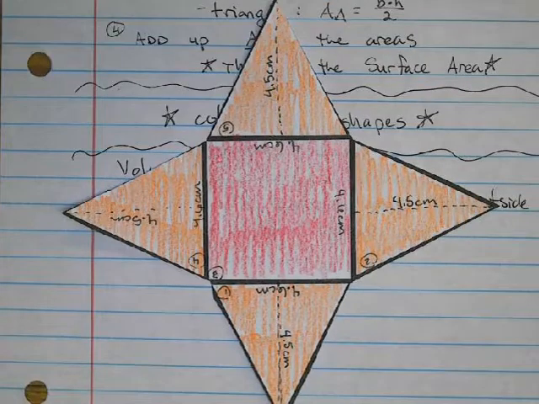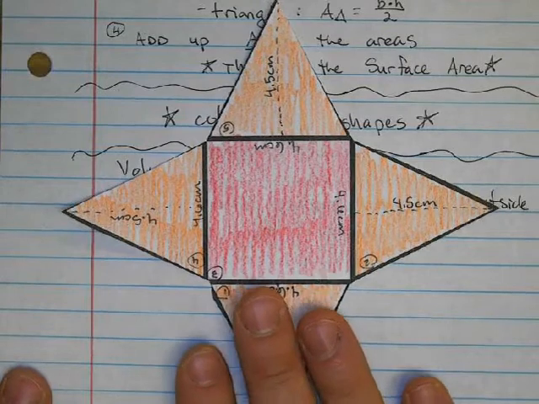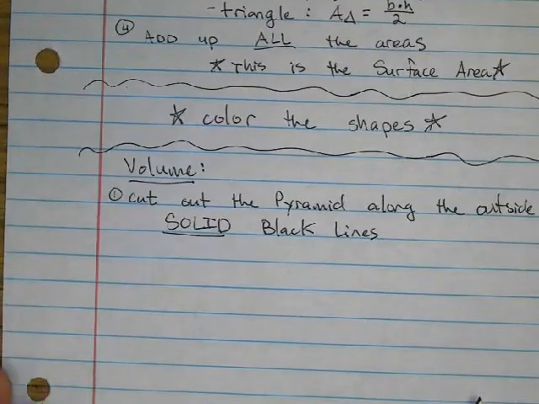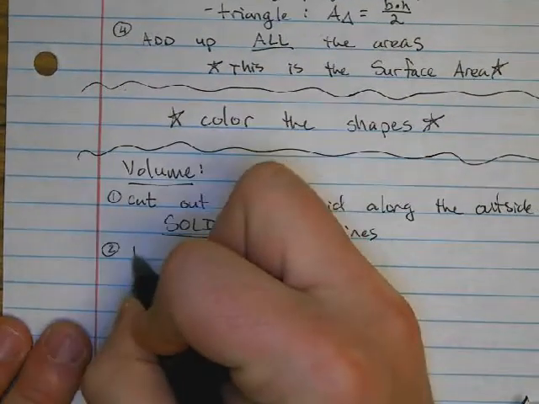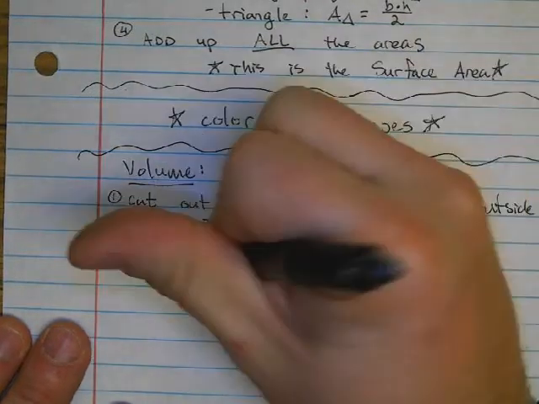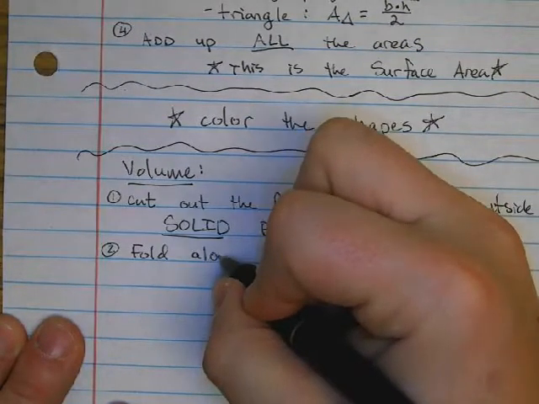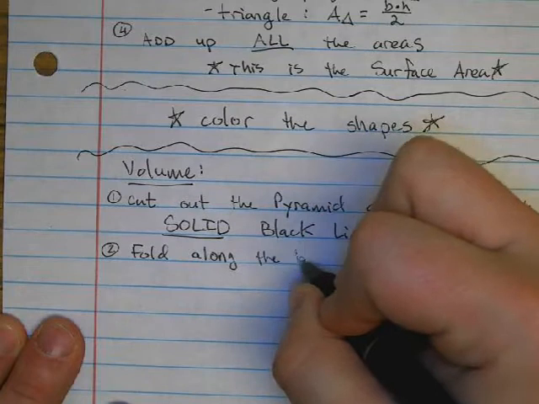Okay, now we have our pyramid all cut out, and we're ready to fold it so that it'll close up like a pyramid. So that's going to be our next step is to fold along the black lines.